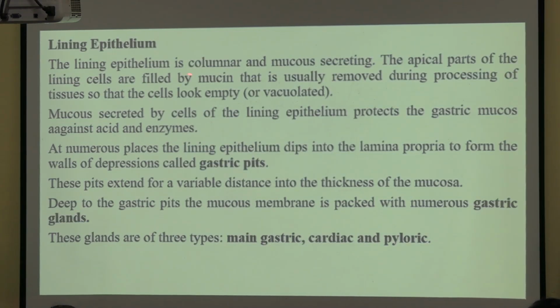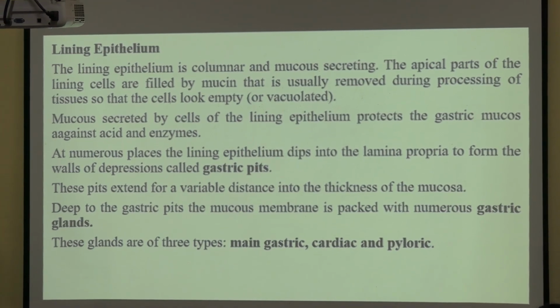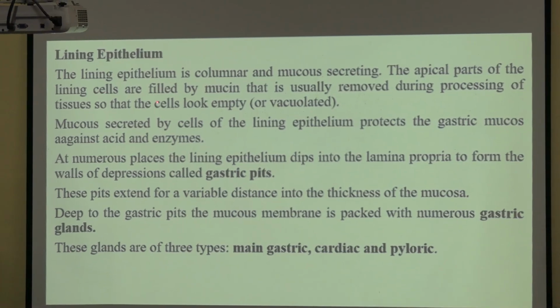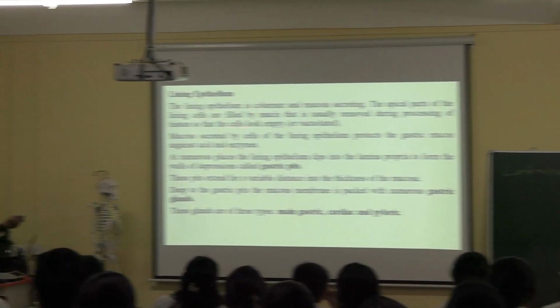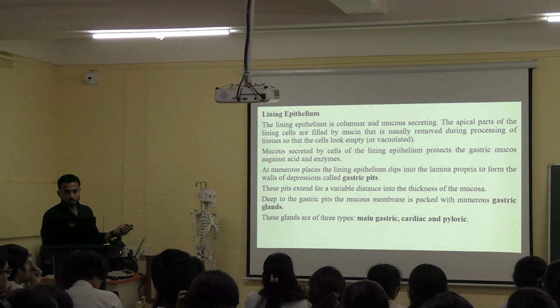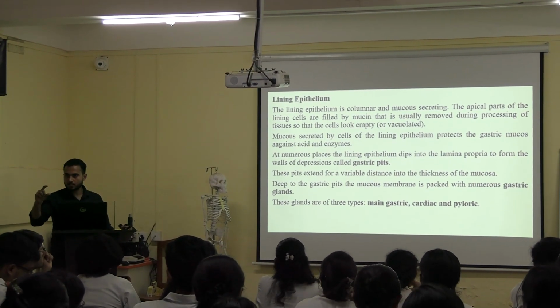Okay, so the lining epithelium is columnar and mucus secreting. The lining epithelium of the stomach is simple columnar epithelium, also mucus secreting cells. The apical part of the cells is filled by mucin, and usually it is removed during processing. That's why it looks empty. What is the meaning? We know that columnar cells are taller cells.